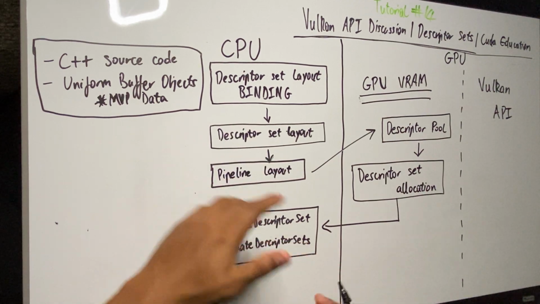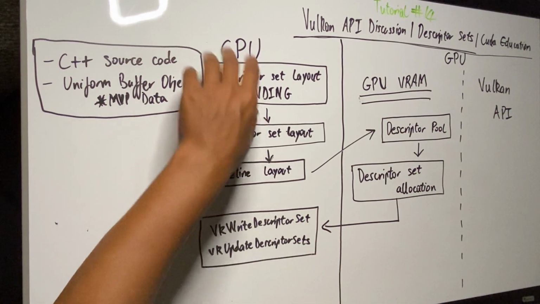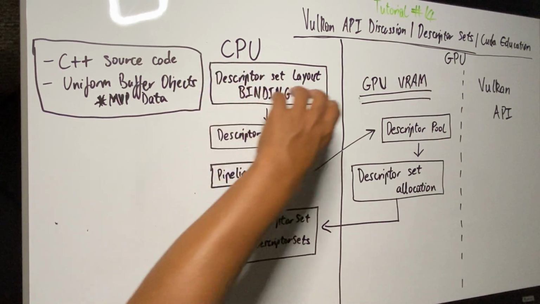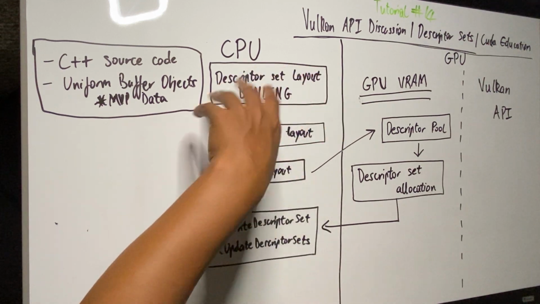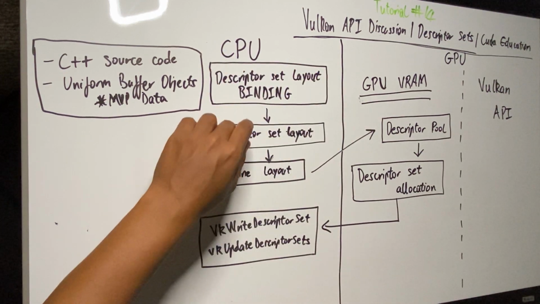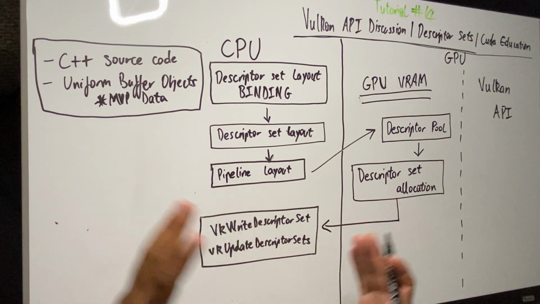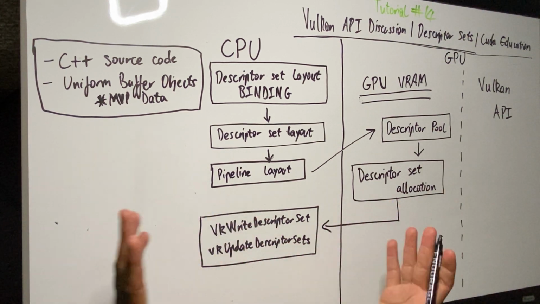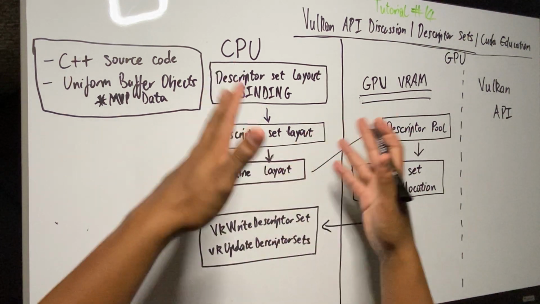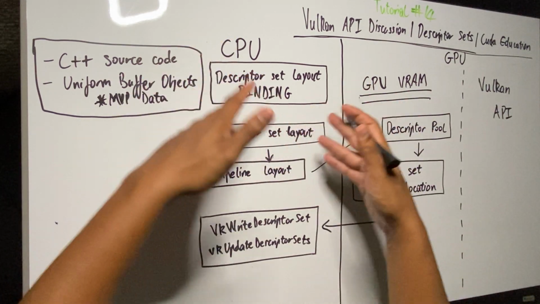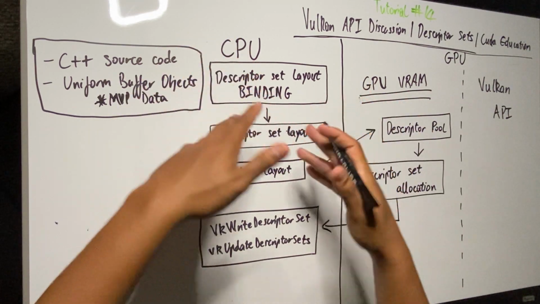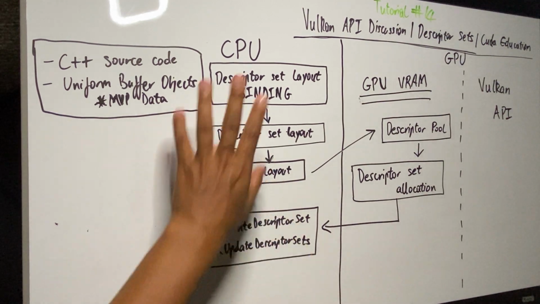The descriptor set layout is a higher-level container for all of this stuff, and it defines the bindings and everything. Then we have our pipeline layout, which is basically dancing with the graphics pipeline and telling it, hey, this is what I'm about. I'm a descriptor set here, and this is what I want to do.